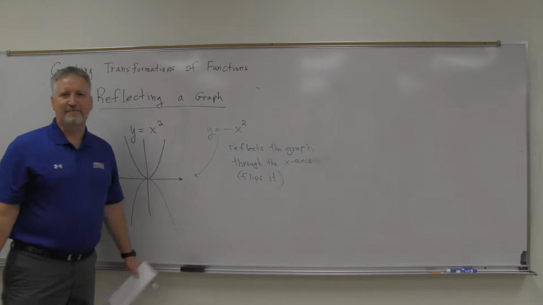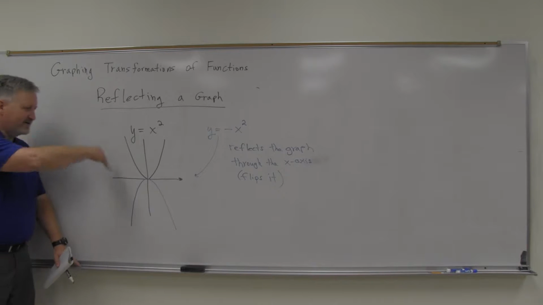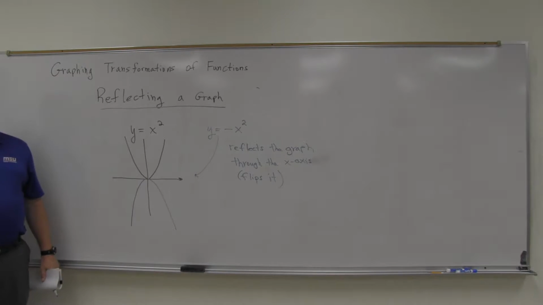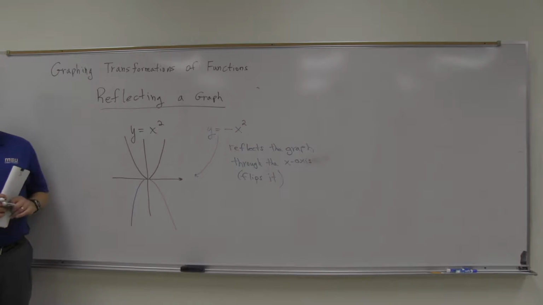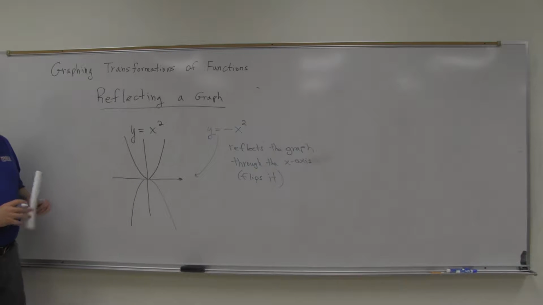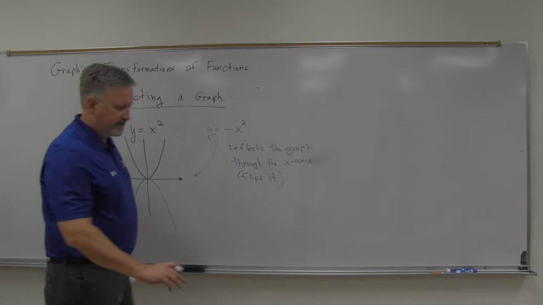To put it in more layman terms, I guess. It flips it over. What was here is now flipped over. Okay? And so putting a minus there in front of the function flips it over. Reflects it through the x-axis is a little more accurate, I guess you might say.